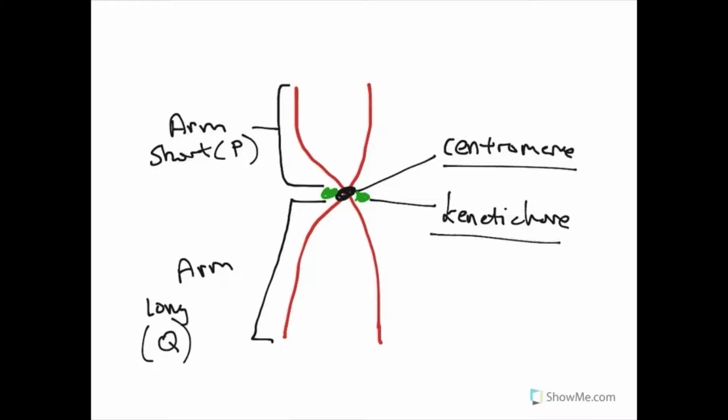Kinetochore proteins are for microtubules to bind. This is where microtubules bind to help in division. Now we're going to talk about that. So it's definitely important that we pay attention to chromatids, homologous pairs, sister chromatids, things like that, your centromere and kinetochore. Those are going to be the most important things for what I'm going to talk about next. Now, when we talk about cell cycle as an overall thing, basically this is a cell's life cycle.